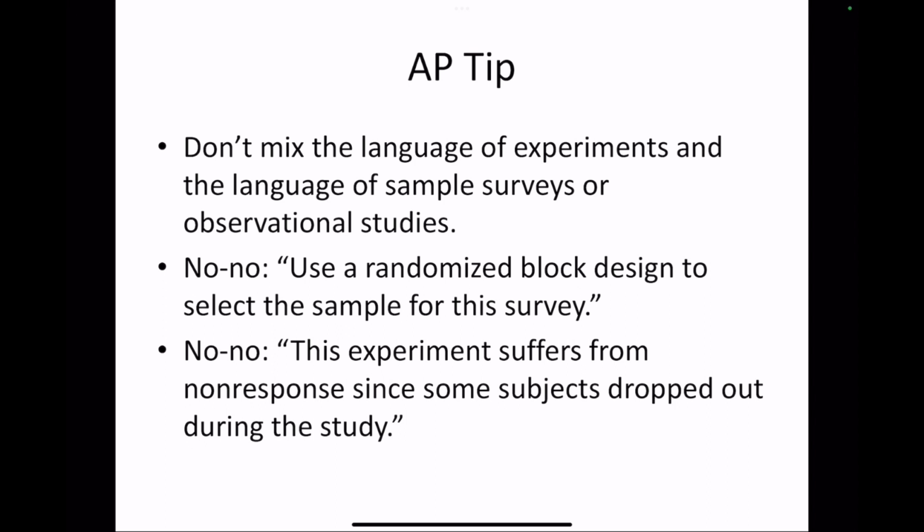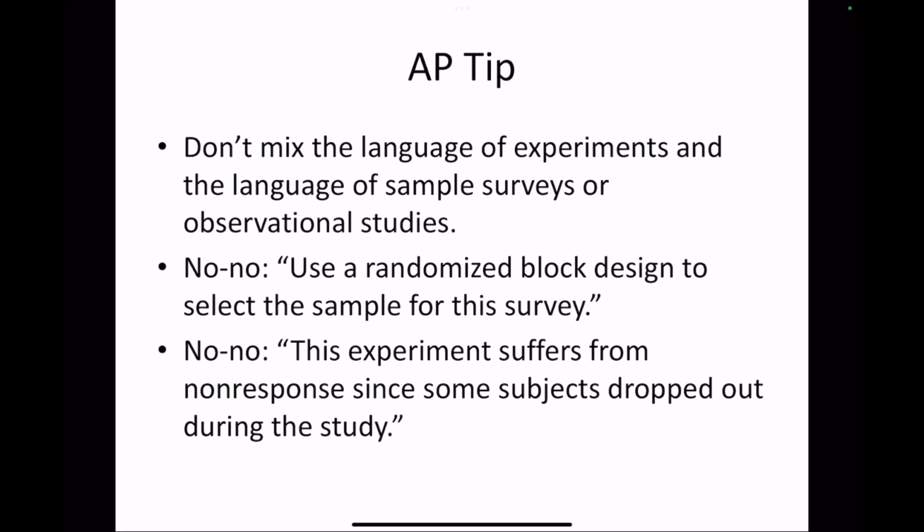One last tip, don't mix the language of experiments and surveys together. So a big no-no would be this phrase, use a randomized block design to select the sample for the survey. No, randomized block design is only for experiments. It's not for samples. It's not for surveys.